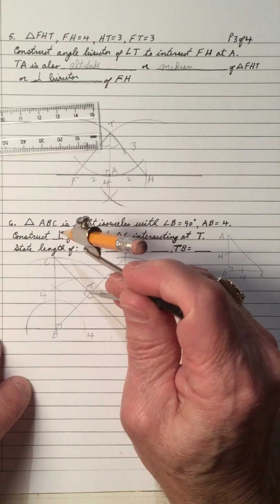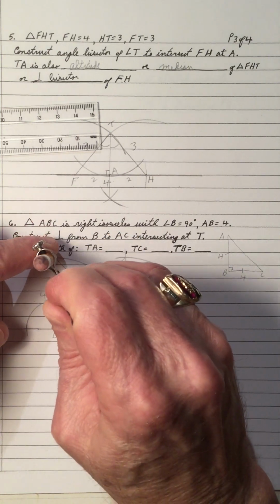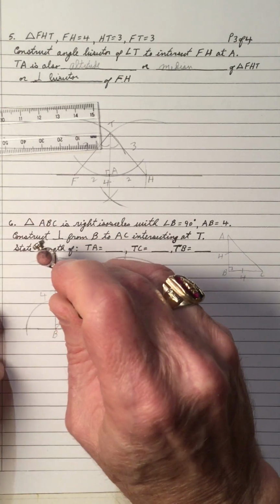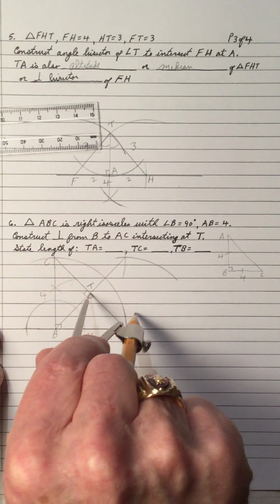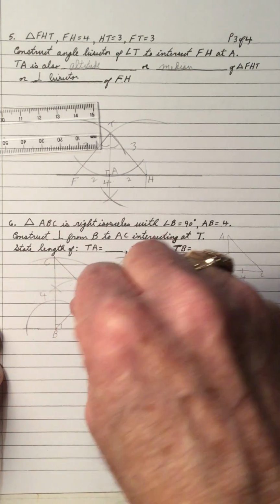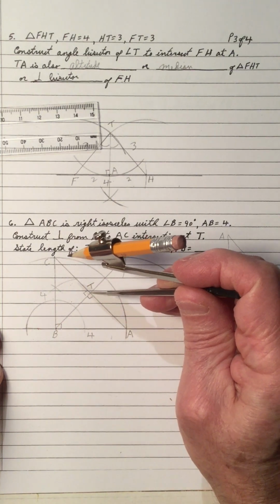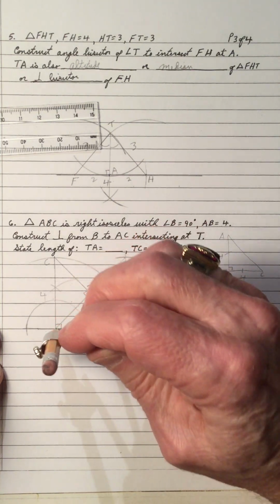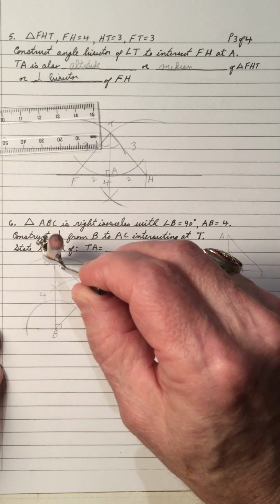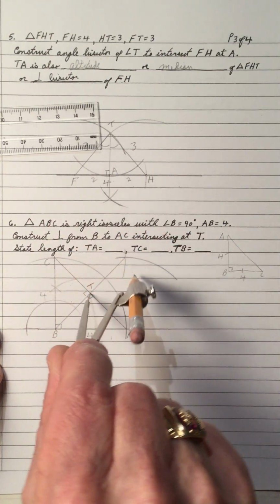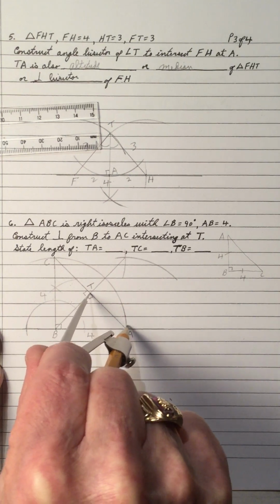So that means TC, there it is, TA right there, and TB. Notice that TB, TC, and TA are all equal.